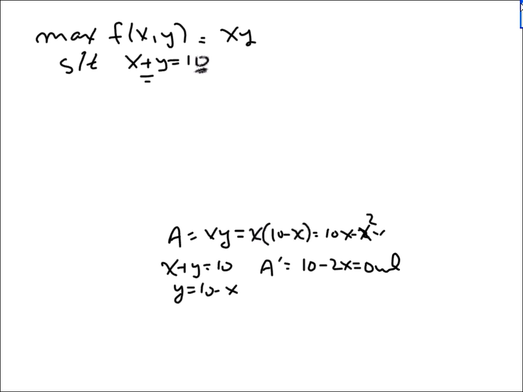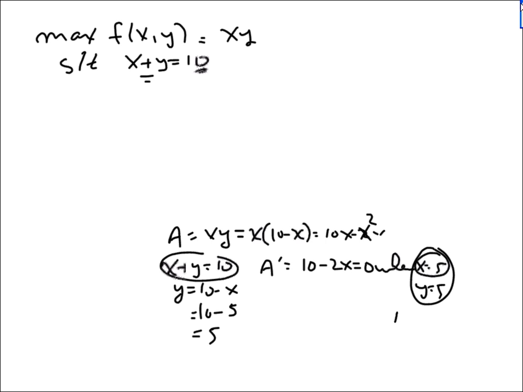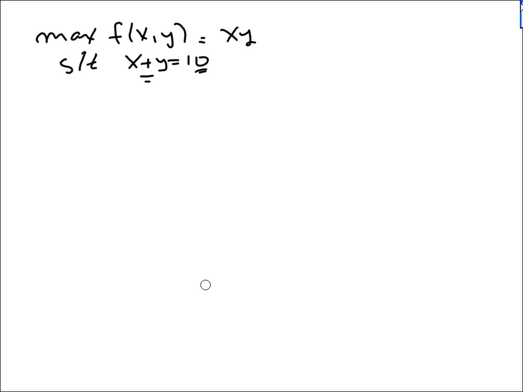This is equal to 0 when x is 5. And if x plus y is 10, then y is 5. And the max area is x times y, which is 25. And for students who did it that way, unless I said to use Lagrange multipliers, this is fine.